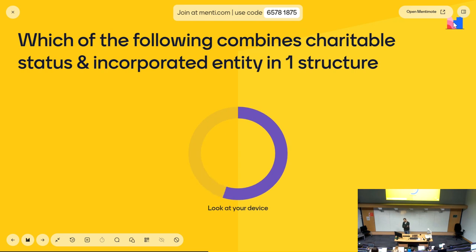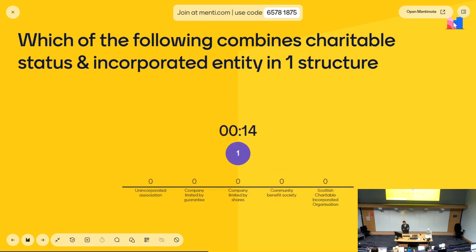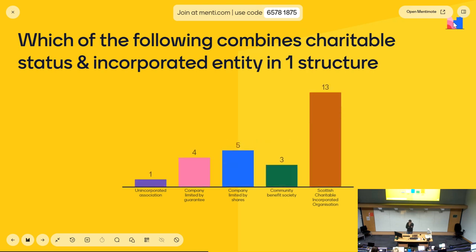Which of the following combines charitable status and incorporated entity in one structure? Yeah, it's the SCIO. Good.